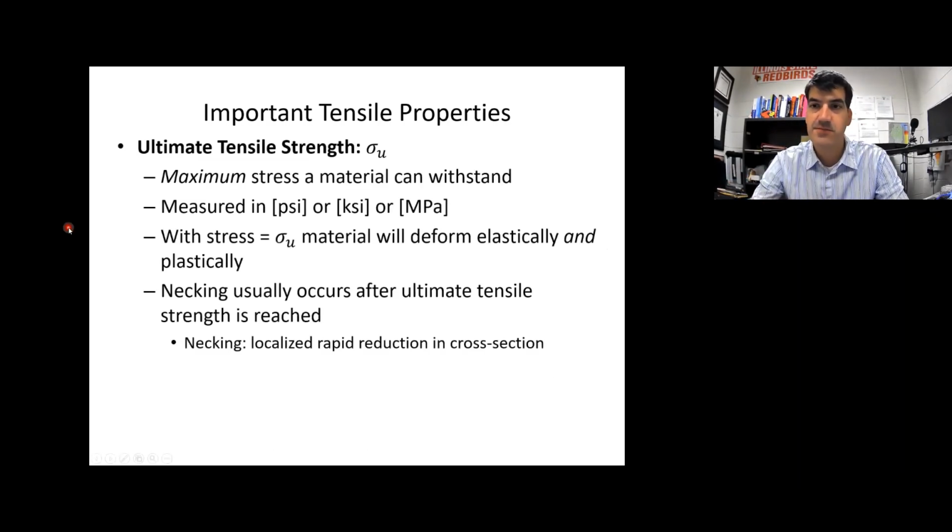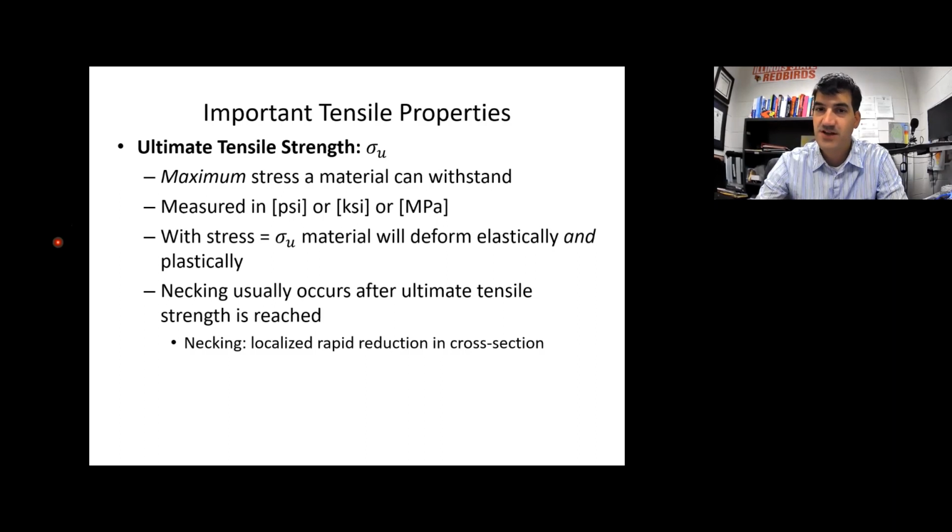The next term to be familiar with is called the ultimate tensile strength, which we abbreviate with a sigma subscript U. The U stands for ultimate tensile strength. Whereas we also had sigma with a subscript Y before, that stood for the yield stress or the yield strength. Now, the ultimate tensile strength is the peak of that curve, so it's the maximum stress that a material can withstand.